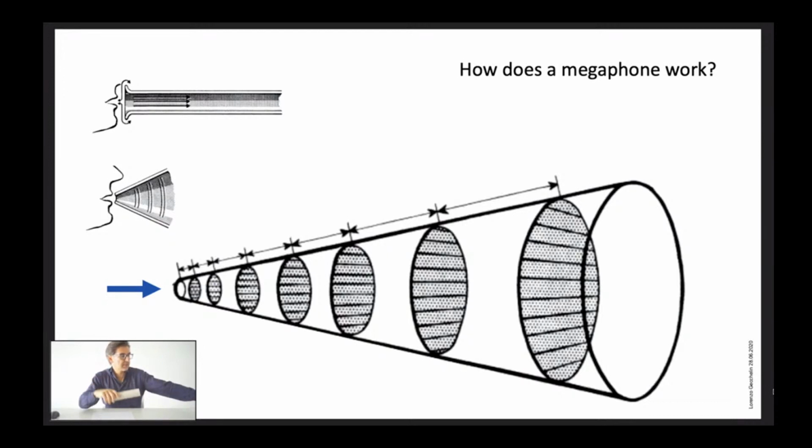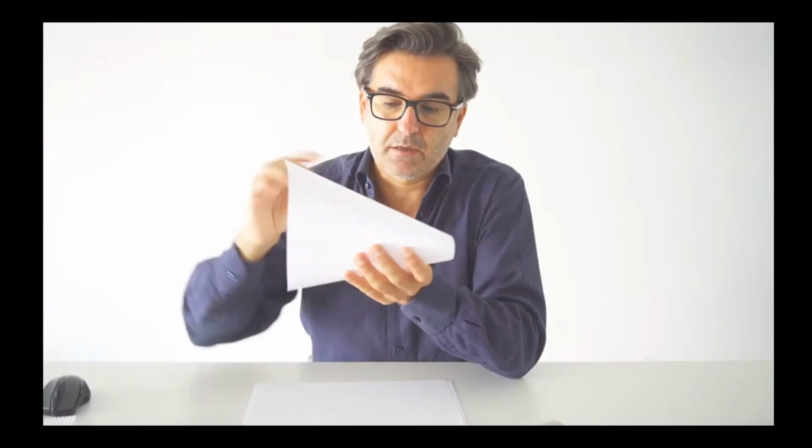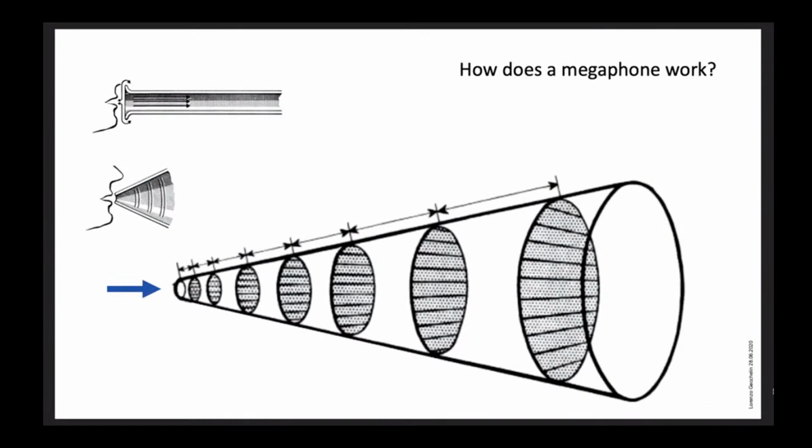But if you look at the picture below, where the mouth is speaking into a cone-shaped form, then you have something called the spreading of sound. So as you can see in the big picture below, the blue arrow is your mouth.